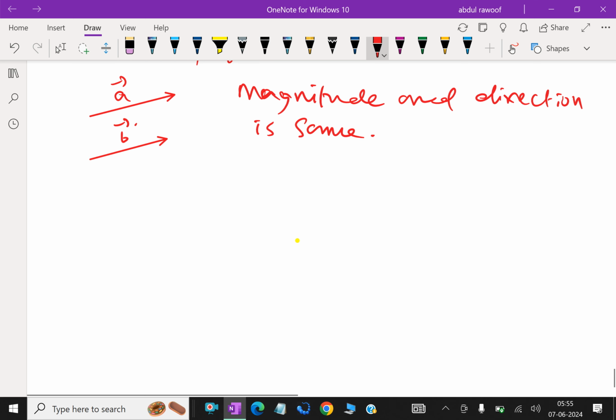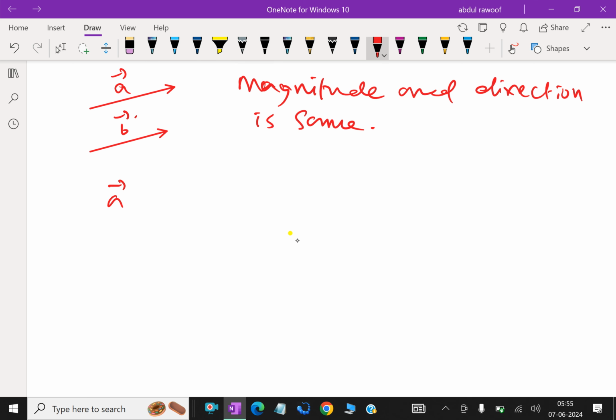Then you can see if vector A is represented by A1, A2, A3, then vector B is B1, B2, B3.